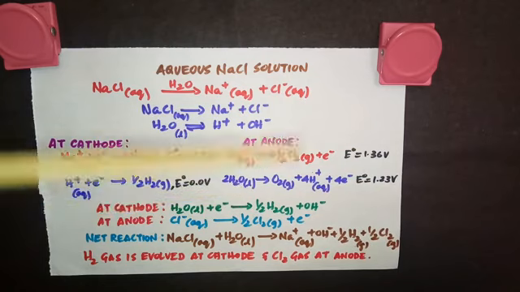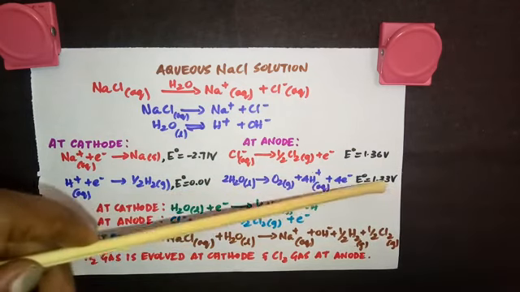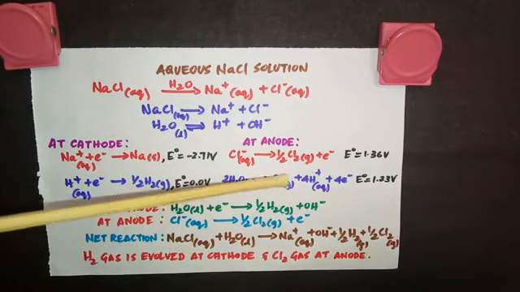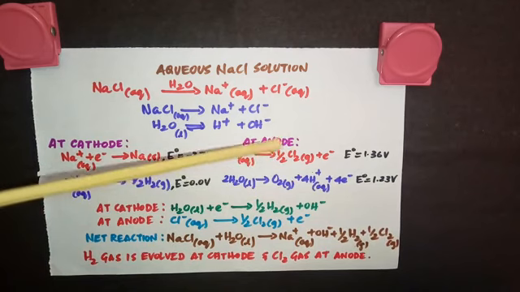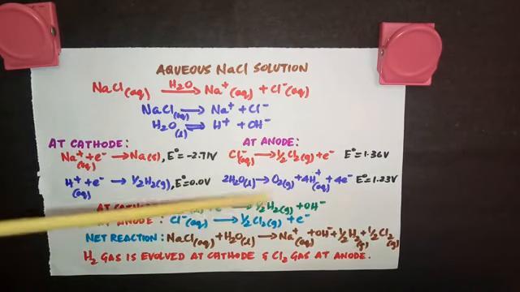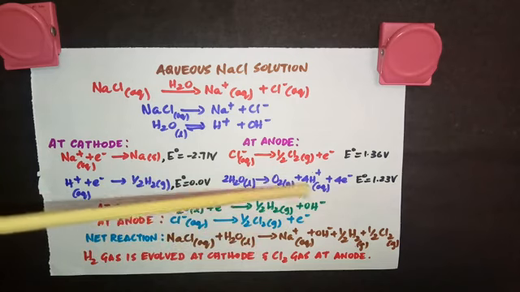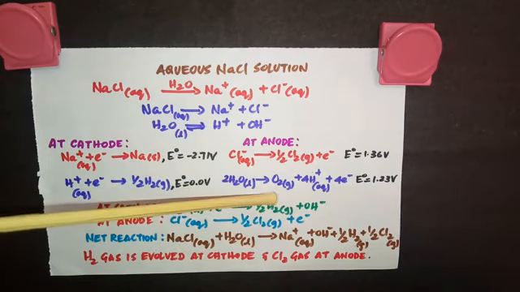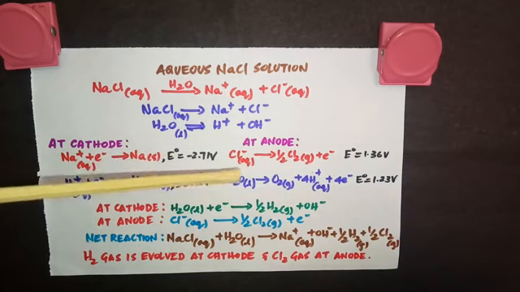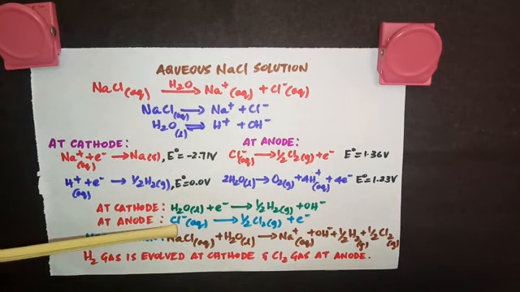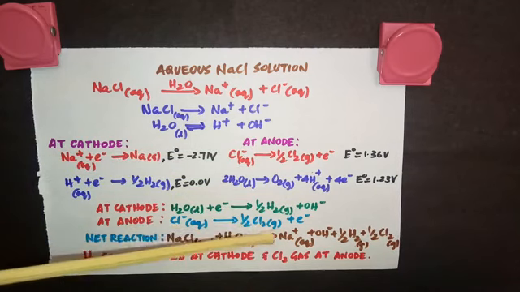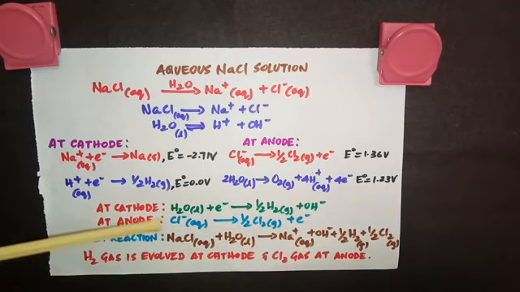But due to overpotential, which means this voltage is not enough for oxygen to be released, this reaction is preferred. Only in the case of oxygen, we talk about overpotential here in these examples. So due to overpotential, chlorine gas will be liberated at the anode. Now see, Cl- aqueous gives half Cl2 gas plus electron. So this happens at the anode.